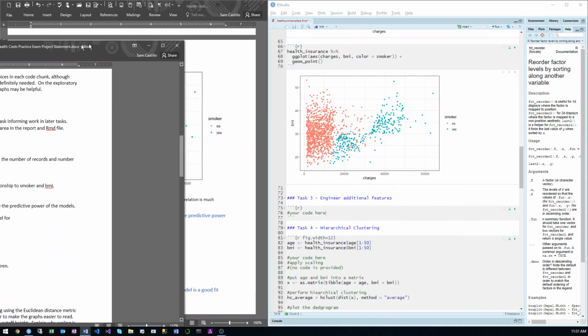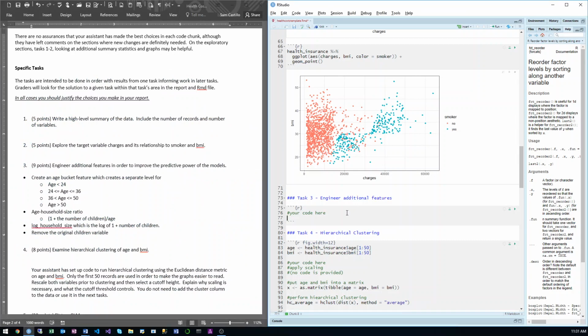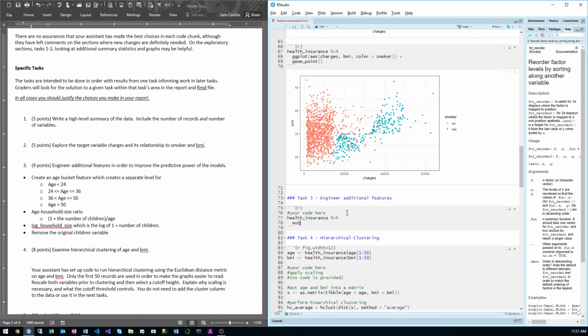So we need to create some new variables. So I need to create a new copy of the data and then mutate. I need to create age bucket, which is going to be a case statement.